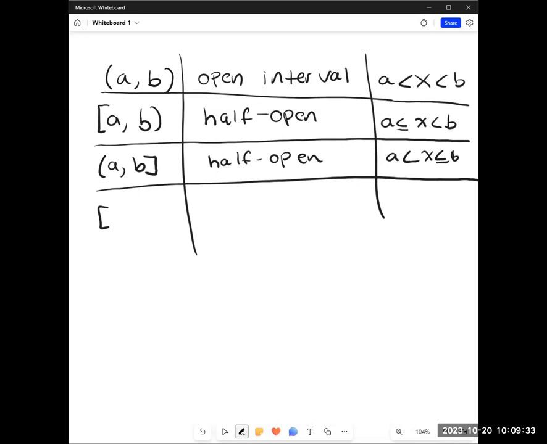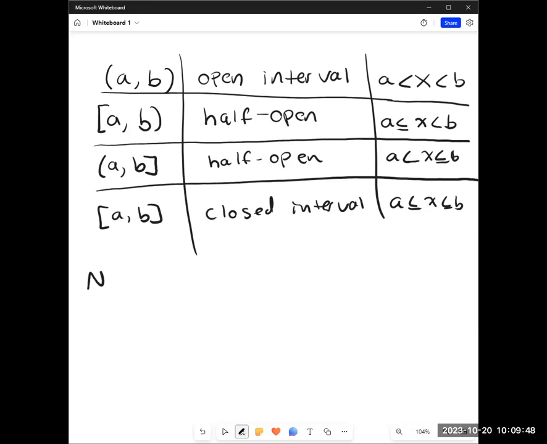And finally, I can have what's called a closed interval, and both boundaries are included.